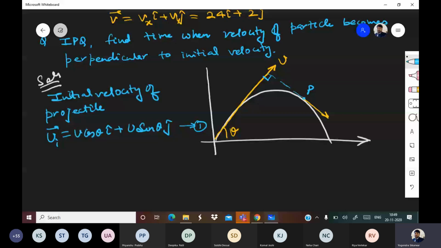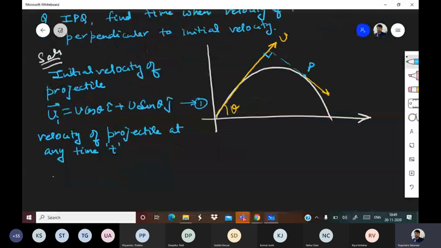So velocity of projectile at any time t. So v final vector will be Vx i cap plus Vy j cap. So that was u cos theta i cap plus (u sin theta minus gt) j cap.